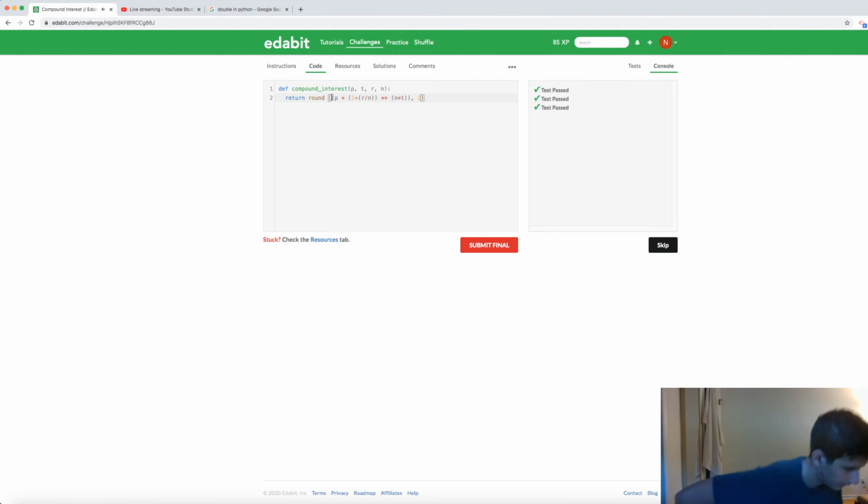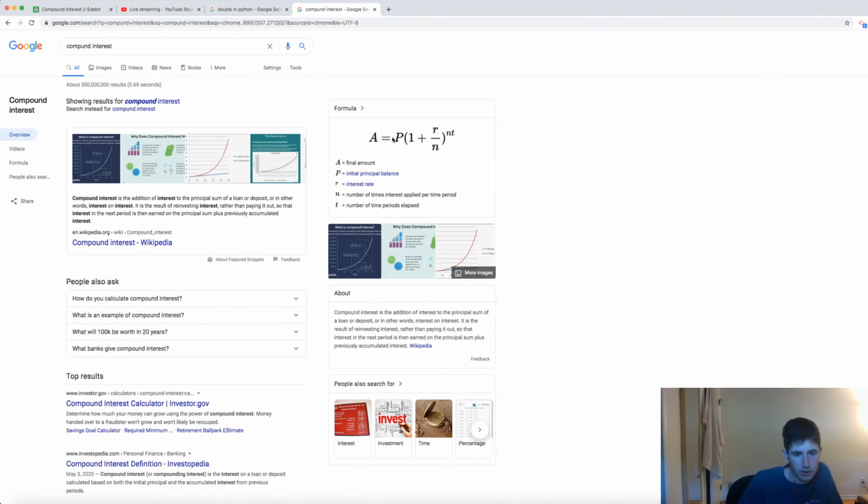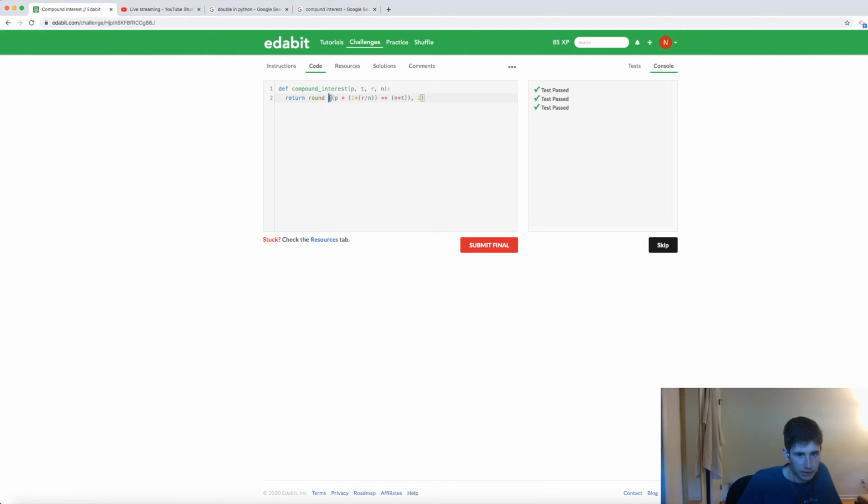Yes, and that worked. So Reflex, do you understand how we did this problem? I know you went in and out, but make sure to let me know if you understood how we did this problem with the code. So we took, I'm going to pull that back up, compound interest. We took this formula and we plugged it in here.